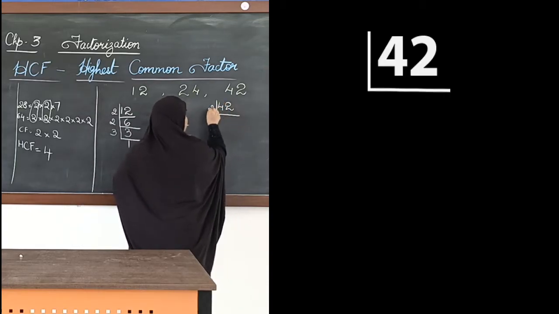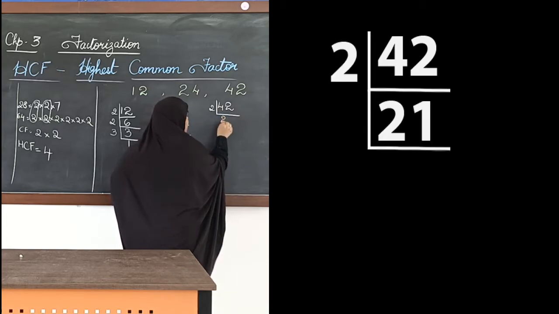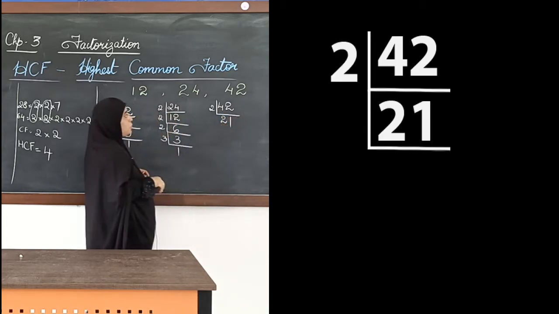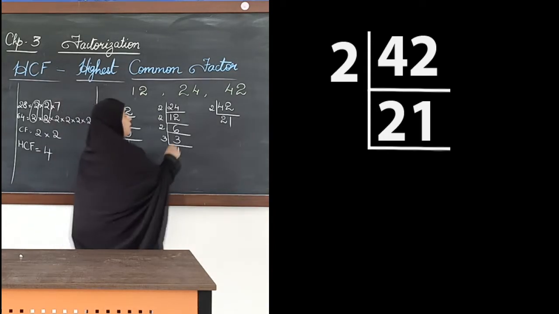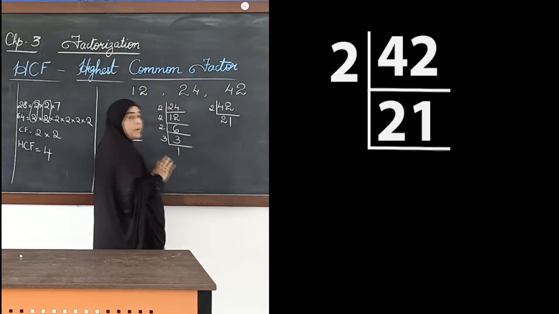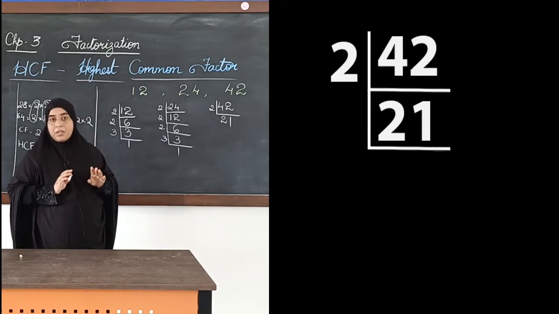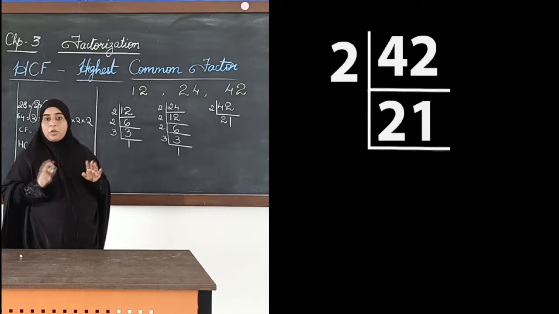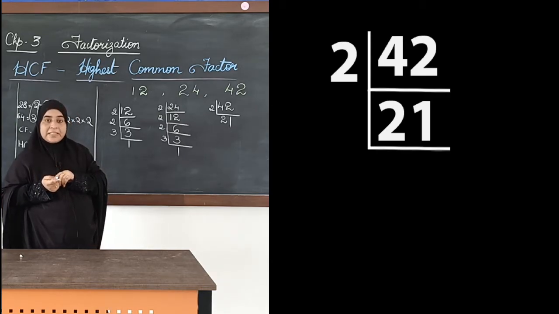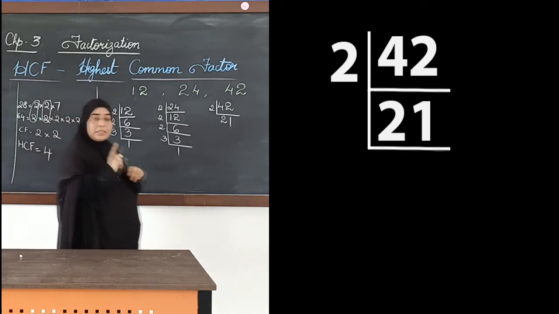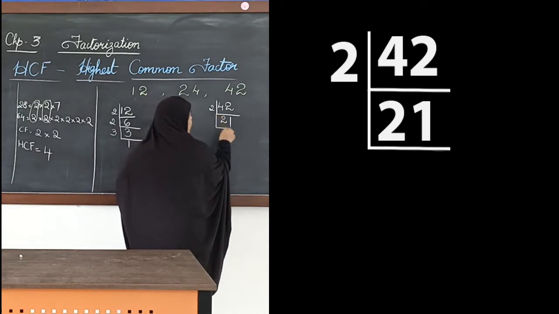First divide it with 2, you will get 2 2s are 4, 2 1s are 2, 21 as the answer. Again, now we cannot divide this 21 with 2, right? In the table of 2 we do not get 21. So what we do? The next prime number we have to check, that is 3. In the table of 3 we find 21, right?